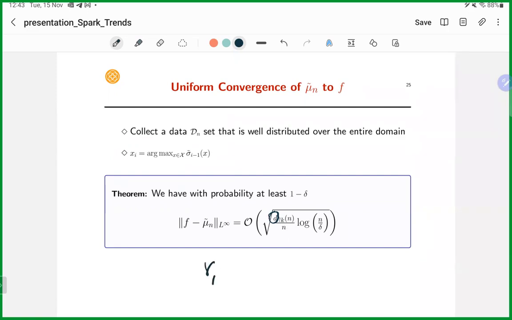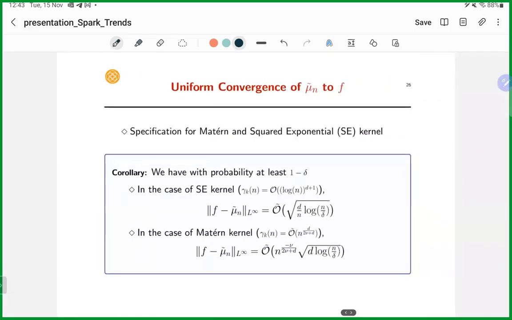And this gamma_kn, the effective dimension or maximal information gain, is logarithmic for very smooth kernels like the squared exponential. It's always sublinear, and basically this term decreases polynomially for the family of Matern kernels. Here I have the specification for these two popular kernels.